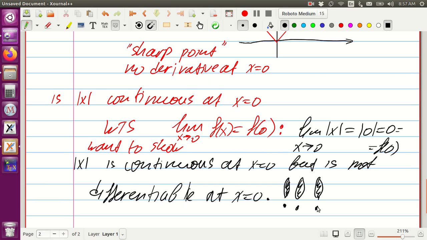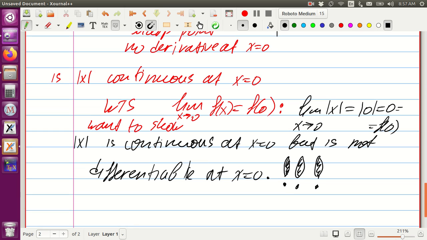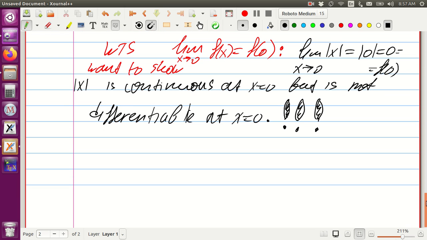All right. So we will try to actually prove the reverse, which says that if a function is differentiable, then f of x is definitely continuous. So that's our goal for the next discussion.